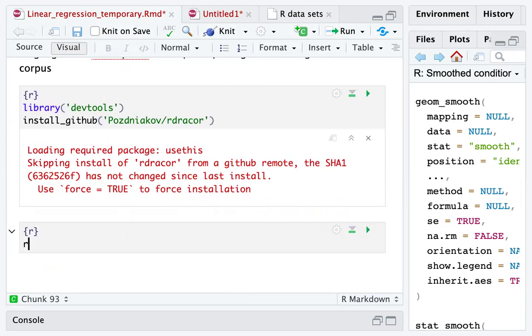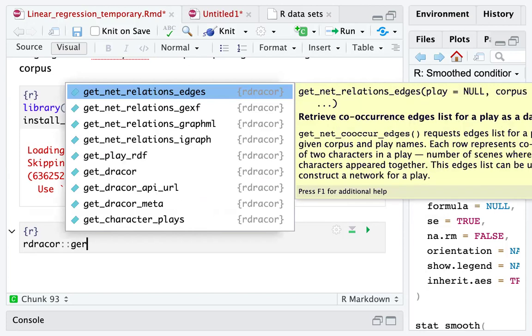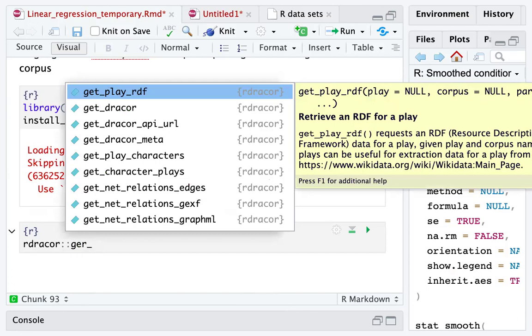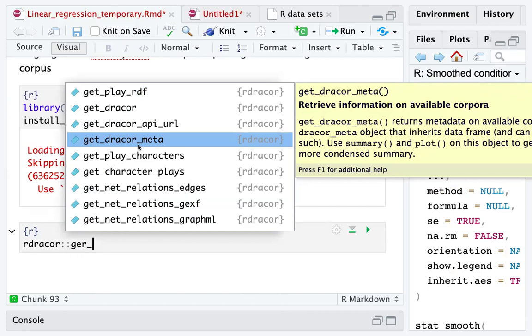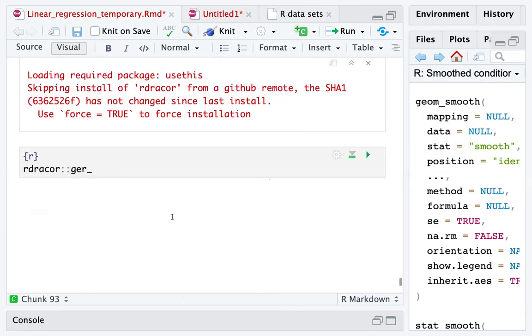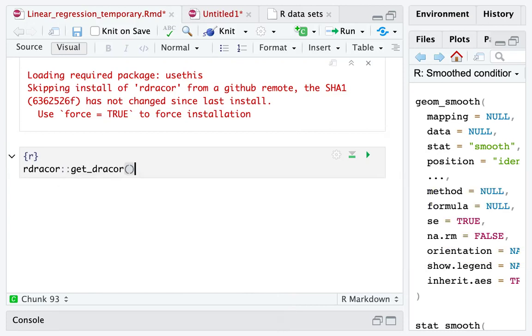So AirDraco get Dracor. I guess get Dracor. Okay, let's work with the Russian corpus.